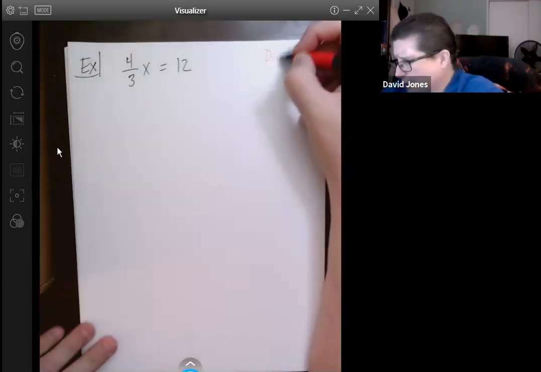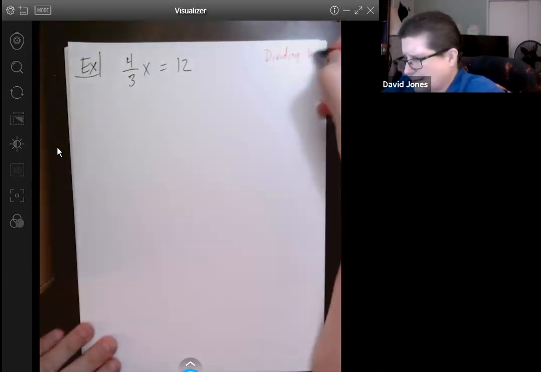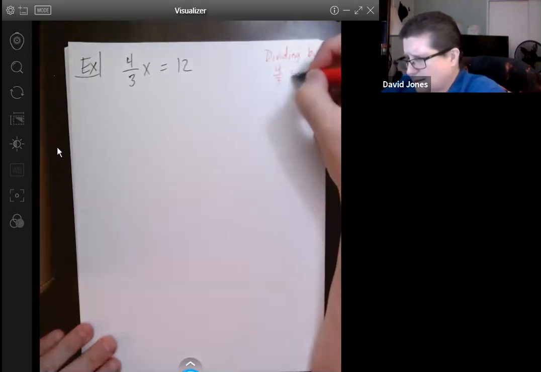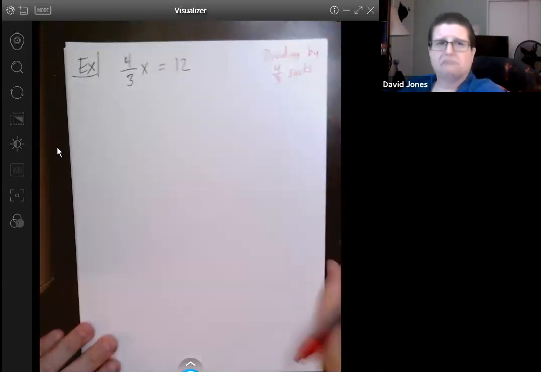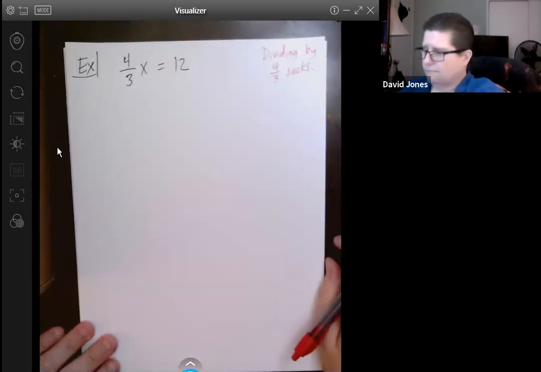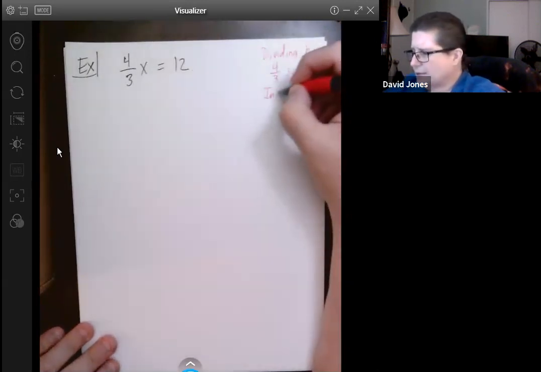Dividing by 4/3 is painful. Instead, multiply by the reciprocal.